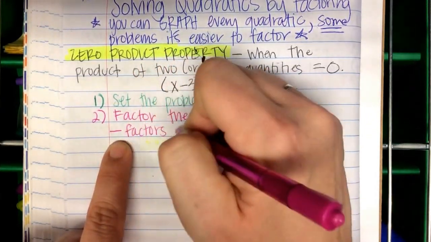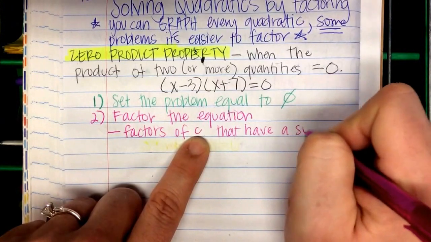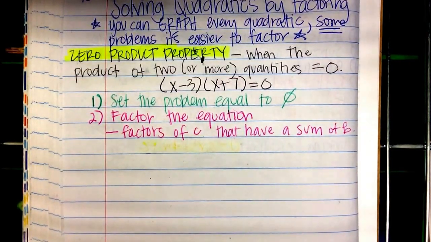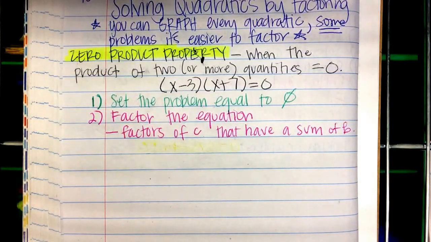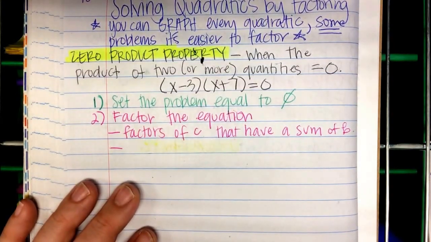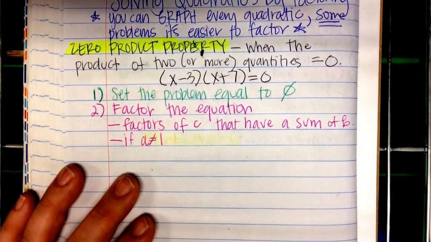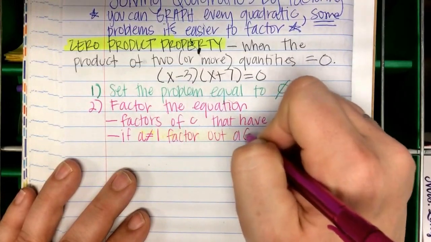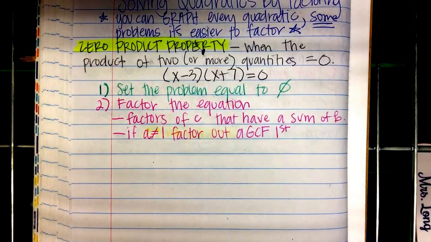Remember, we look for factors of C that have a sum of B. Factors of C that have a sum of B. Or if A does not equal 1, so if A is any number other than 1, factor out a GCF first. And we'll do examples of this.